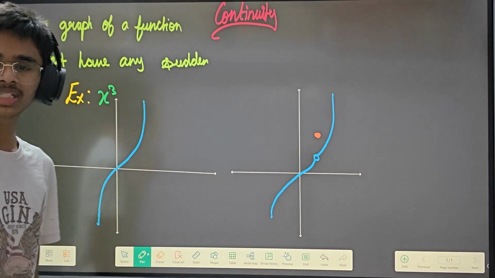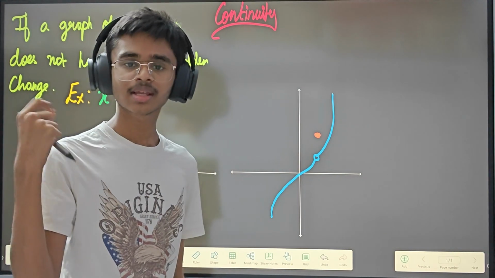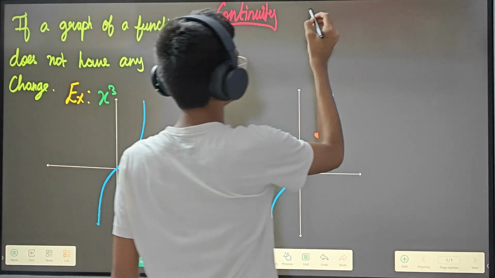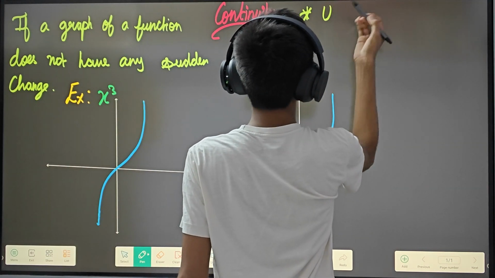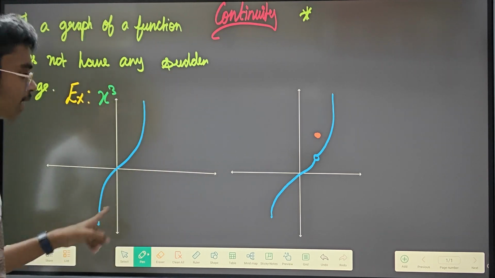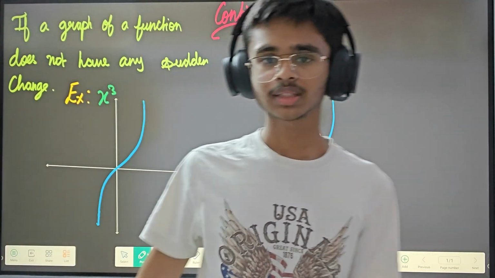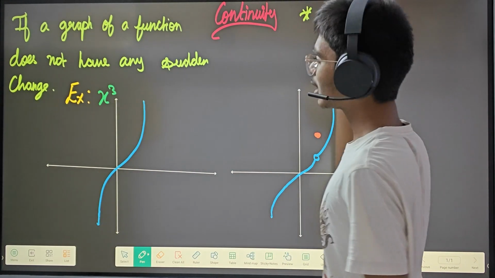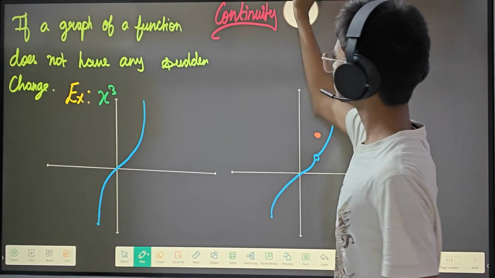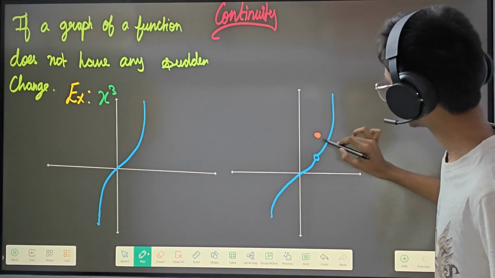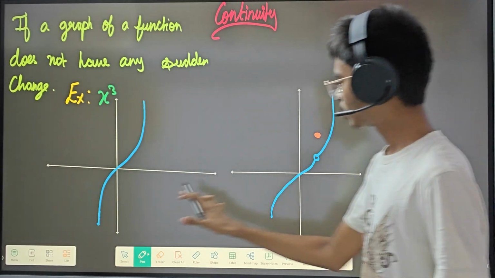Also you can say this definition like this. In order to determine just by looking at this whether it is continuous or not, to draw this graph, there is a general concept, that is, you need not lift your pen while drawing this graph. See, this is a continuous graph, right? You need not even lift your pen while drawing this. You can just draw like that itself. Okay, so that point you need not write, but you can just remember. But whereas here, while drawing this graph, you have to lift your pen.